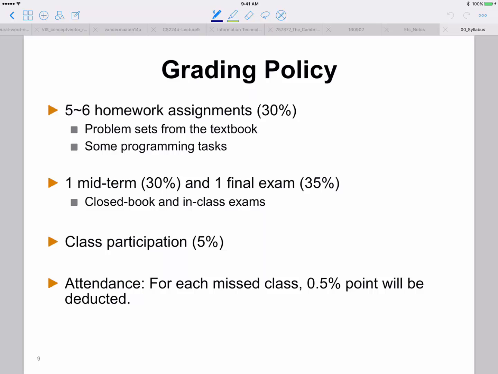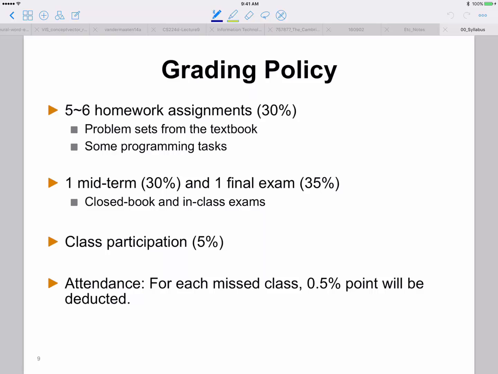If I just rank all of you based on these quantified scores of homework and exams, then there should be no possibility of adjusting among these students.